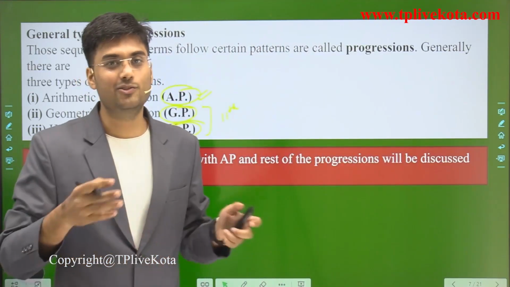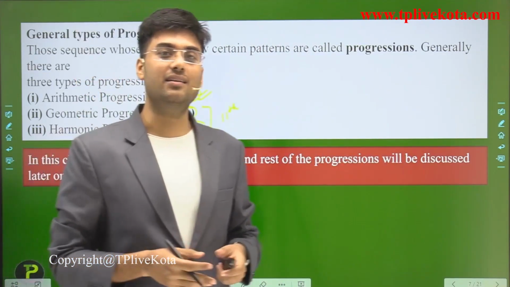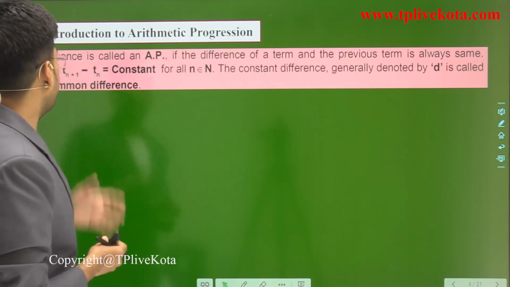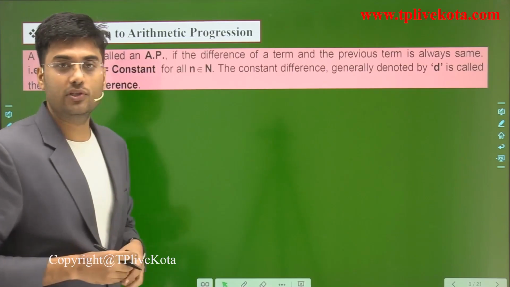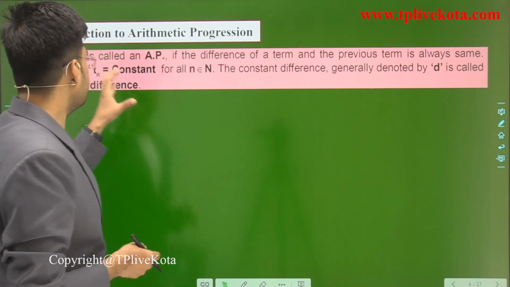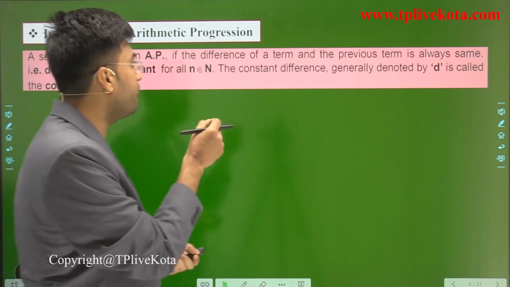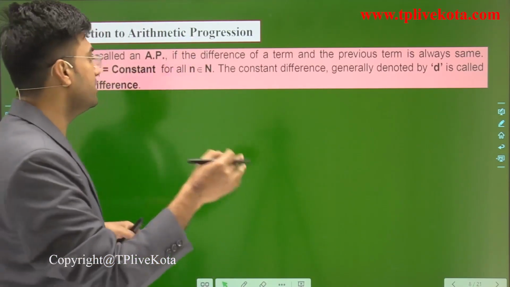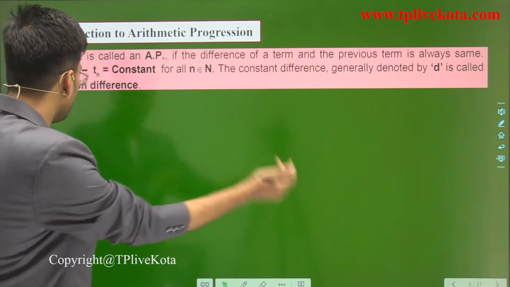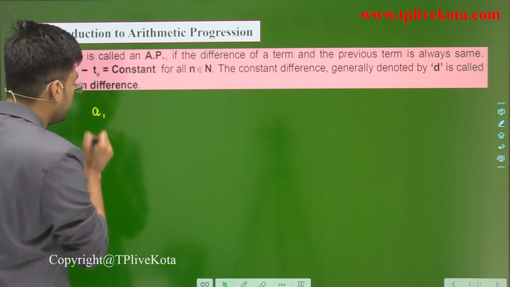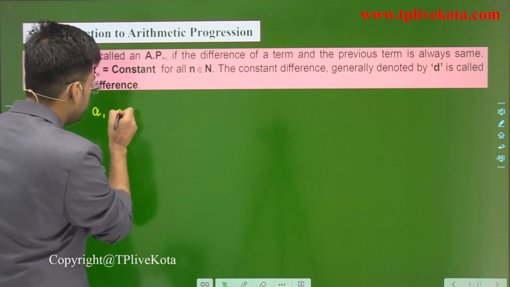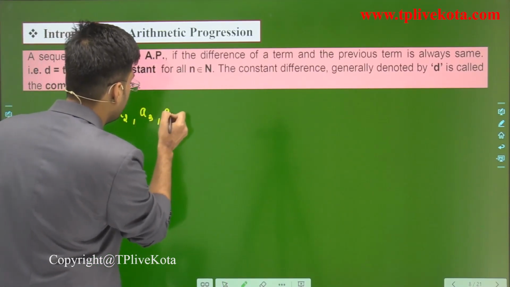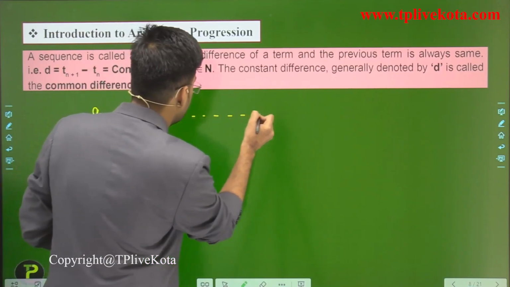Clear? So students, now let's start the journey of arithmetic progressions. Let's introduce the arithmetic progression first. A sequence is called an AP if the difference of a term and the previous term is always the same. For example, this is the first term, this is the second term, this is the third term and this is the fourth term and so on.